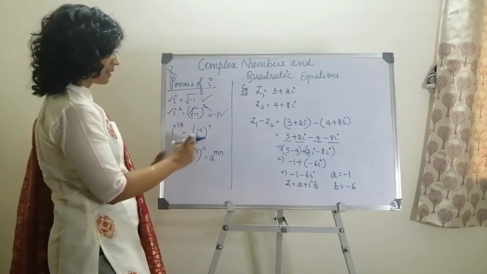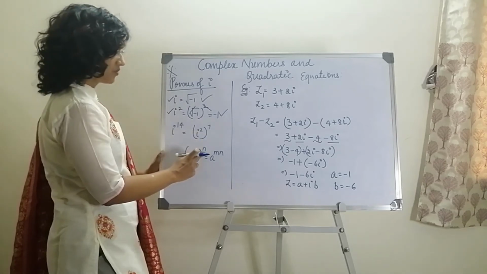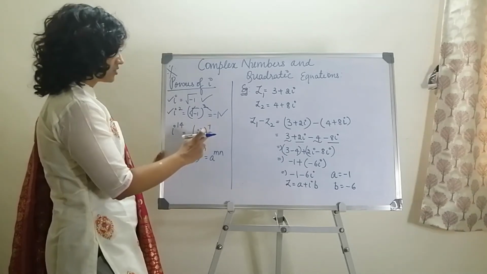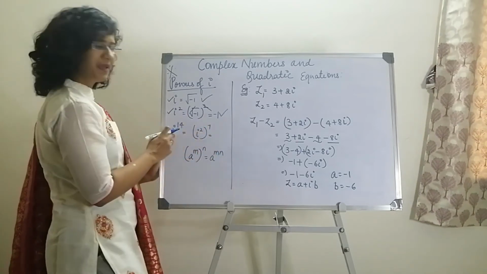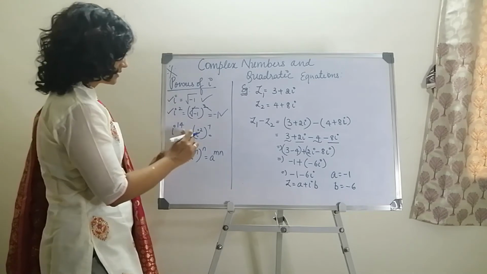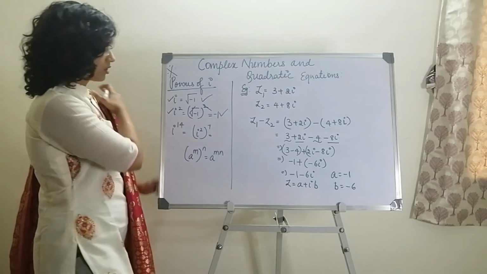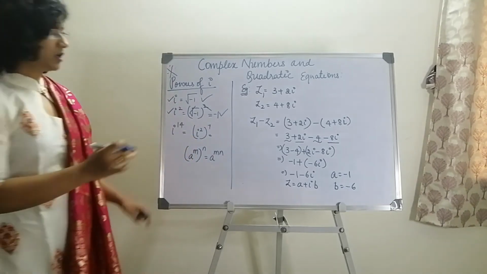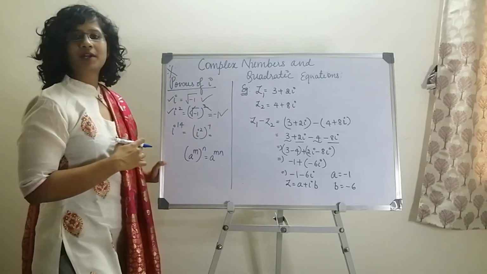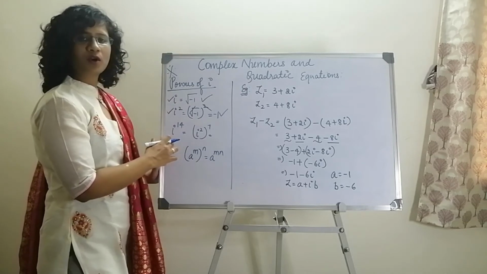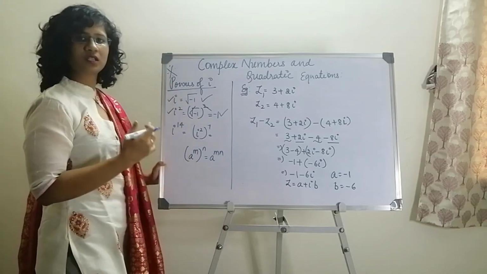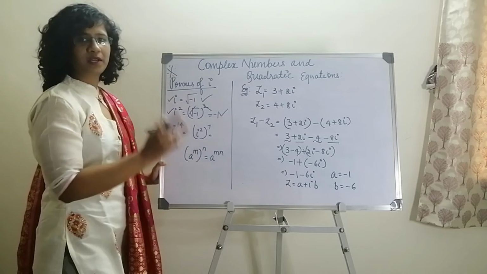In the place of m I have 2, in the place of n I have 7. If I multiply 7 and 2, I will get back my previous step, which is 14. See, whatever you do, it should always resemble the previous step. If it resembles the previous step, then whatever steps you are doing henceforth are correct. Otherwise, it will be wrong.